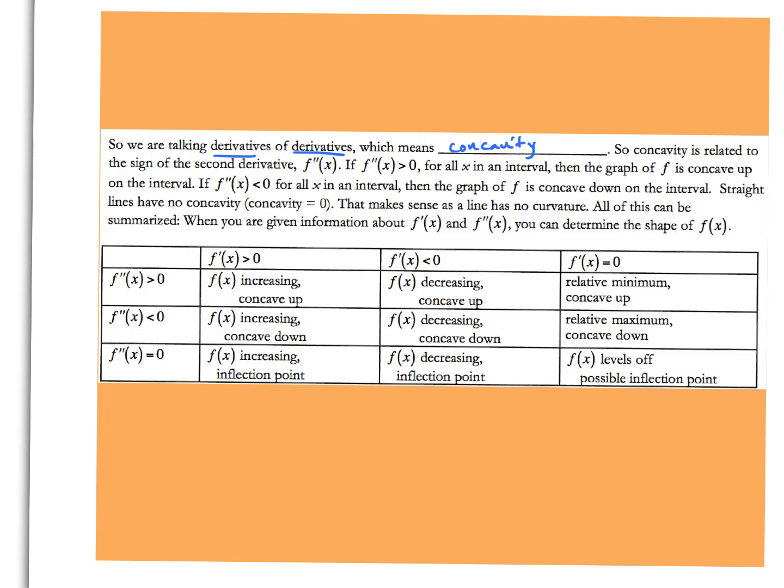The way that you can think about the chart is when f prime is greater than 0, that means f is increasing. When f prime is less than 0, that means f is decreasing. When f double prime is less than 0, that means what? Concave down. When f prime is equal to 0, that means what? It's at a critical number. And what happens at critical numbers? We have relative extrema. If you like looking at a chart like this, that's for you.